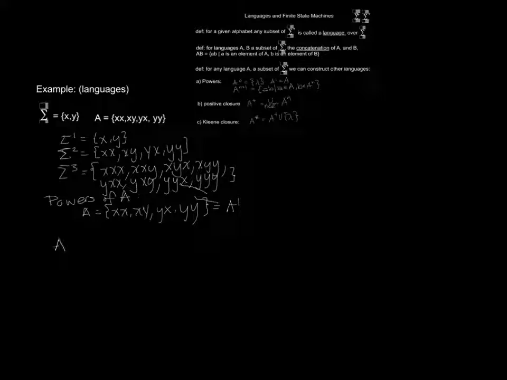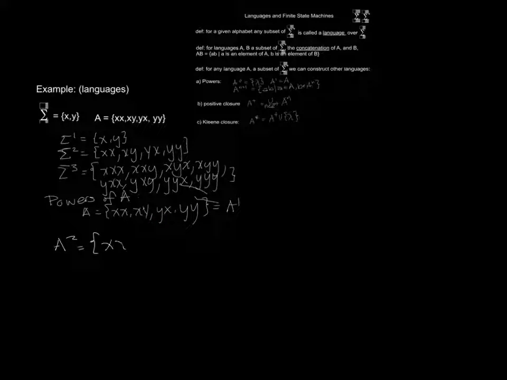To get A2, we're going to concatenate strings from our original language A with strings from A1, which also happens to be A. So again, we'll start with concatenating xx from A with our xx, xy, yx, and yy from A1.